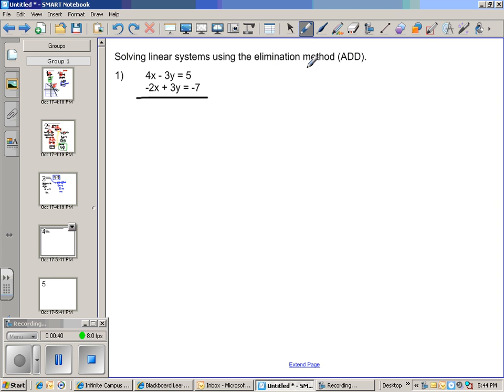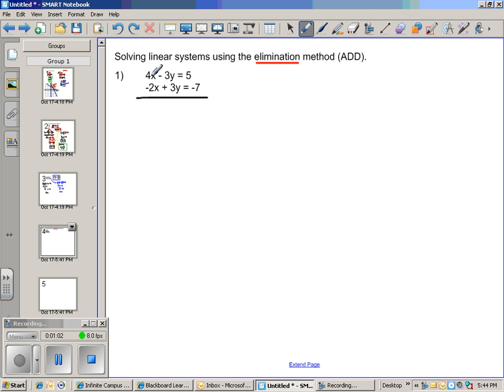Now, with this elimination method, the addition method is probably the fastest and one of the easier ones to figure out. Now, how do we know that we're going to use addition? Well, the first thing to do is look and see which variables are going to be eliminated when we add the equations together.